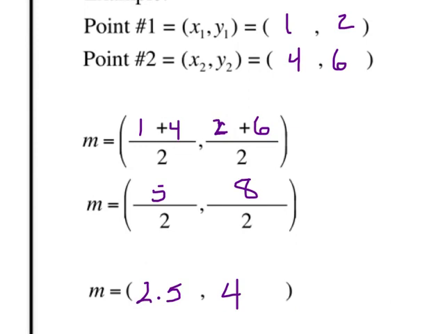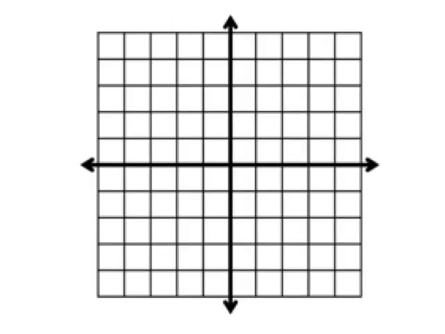And so we could plot those points. We're going to plot our two original points, (1, 2) and (4, 6), and then our midpoint. The point (1, 2) is going to be right here. The point (4, 6), 1, 2, 3, 4, and 1, 2, 3, 4, 5, 6, is up here.